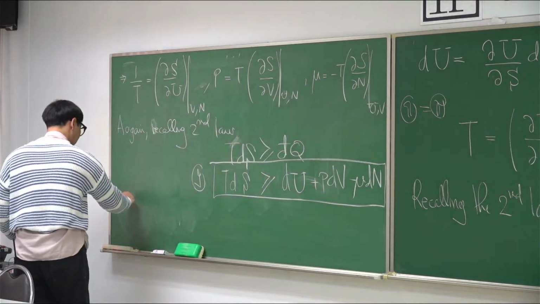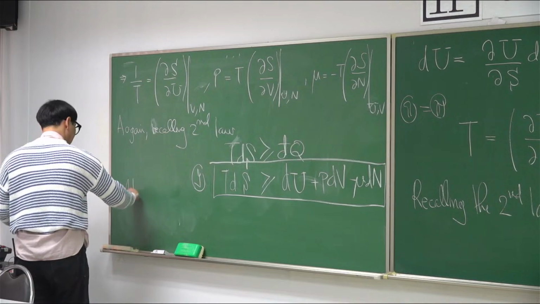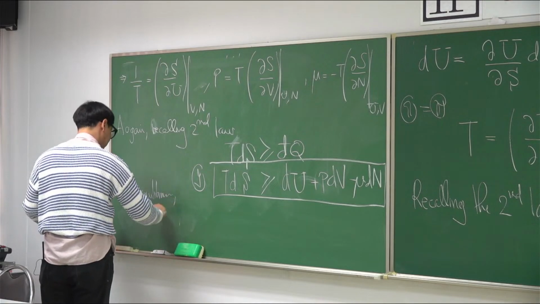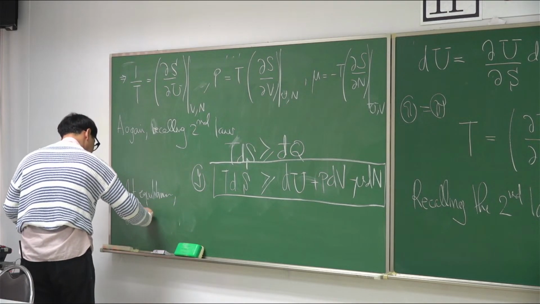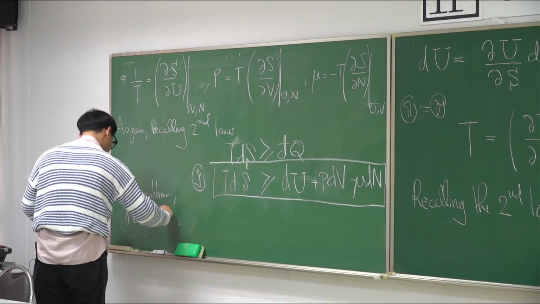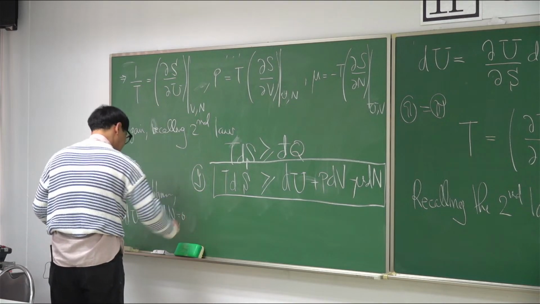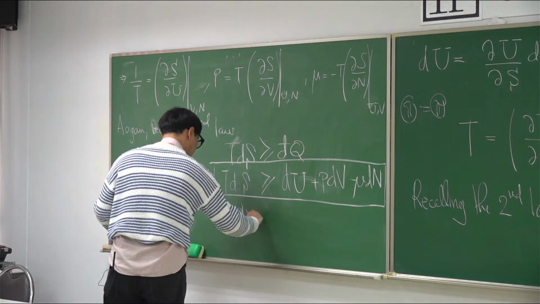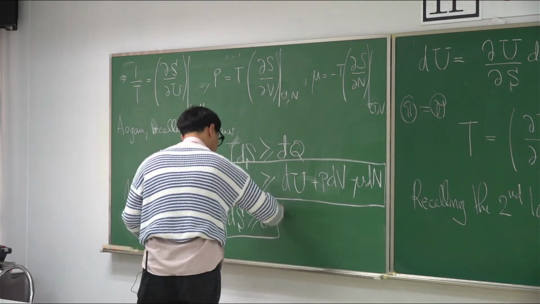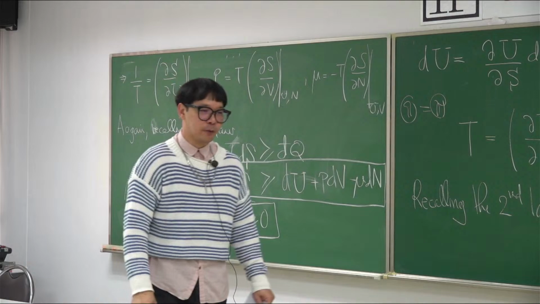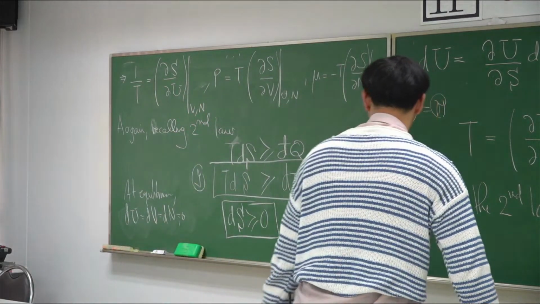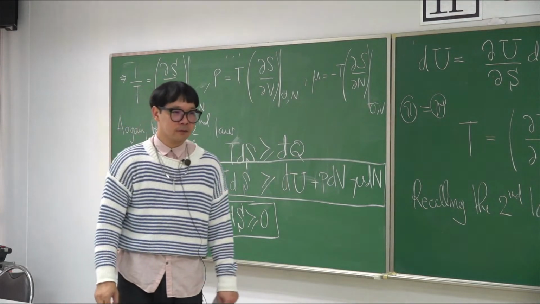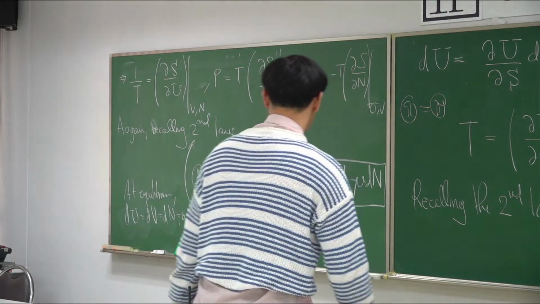And again, at equilibrium, okay, the change of these three quantities will be 0. It means that the change of the entropy must be greater than or equal to 0, which is again nothing but the second law itself, right?